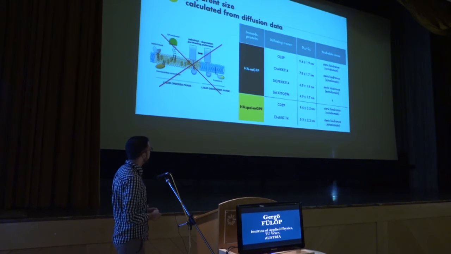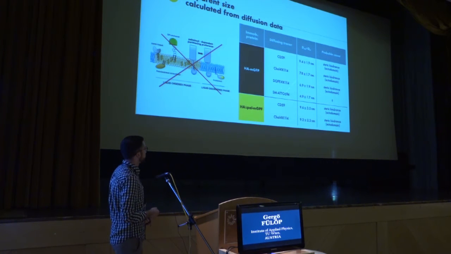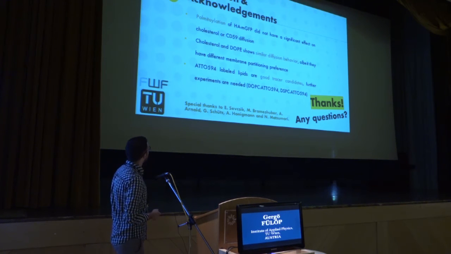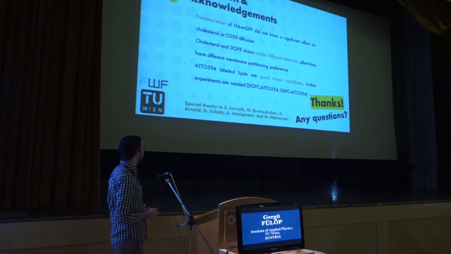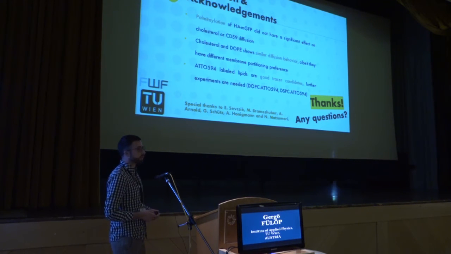Talking about sphingomyelin, we are not entirely sure if this is steric hindrance or maybe annular lipid formation binding. So in order to find out that, we are currently working on some more experiments with more tracer molecules with exactly the same kind of dye, and hopefully we will get a clearer picture what's going on here. But what I can say for sure is that palmitylation of HA-GFP did not have a significant effect on cholesterol and CD59 diffusion.